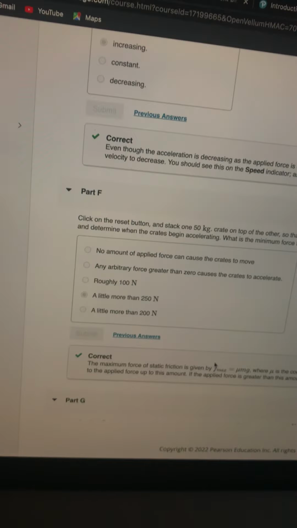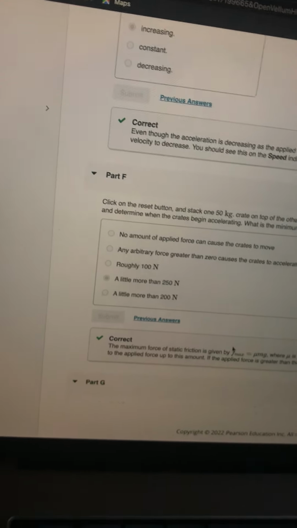We were in F. So 250 is the answer, roughly. So 250 newtons equals friction. And now we'll go to the next problem.